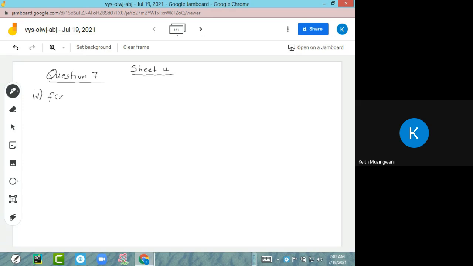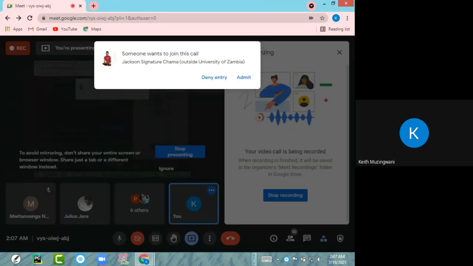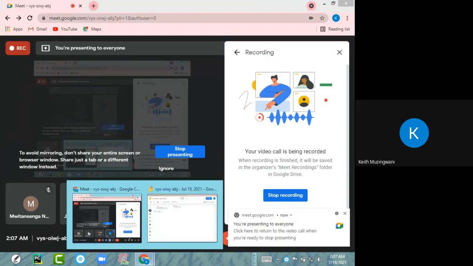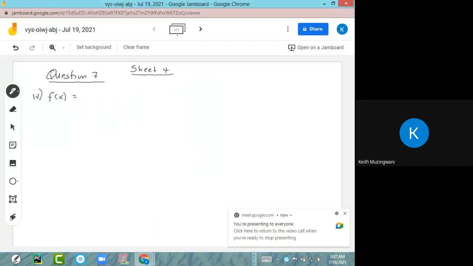f of x is equal to negative 2x squared plus 11x minus 15.